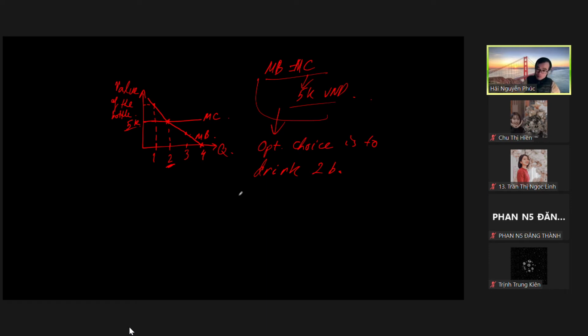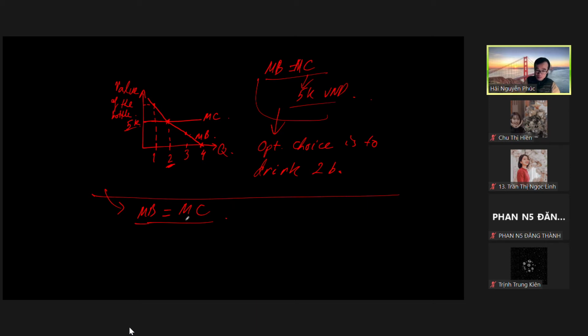Now, let me ask you a more tricky question. You can see that the rule of MB equals MC is pretty simple, but in real life, sometimes it's quite hard to apply. Why is it quite hard to apply?